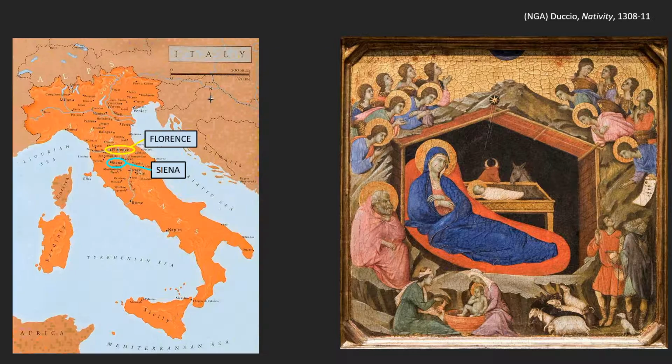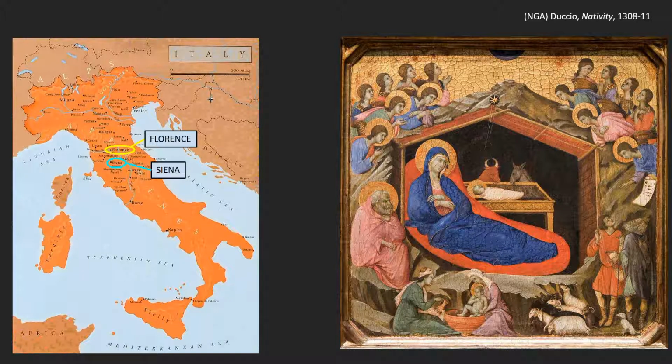Now, a bit of context for this. We talked about subject matter, we talked about style, and talked a bit about historical context. Giotto, as I mentioned, was in Florence. Duccio is just south of that in the city of Siena. These are the two artists who are the most prominent in breaking from tradition, in bringing three-dimensional, lifelike qualities to their works.